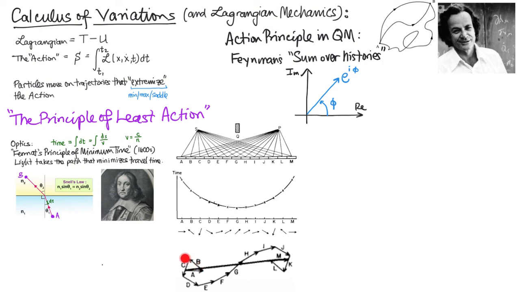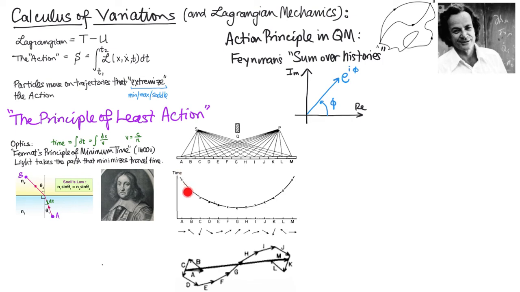So if we think about each of these arrows of the photon as the phase of the photon, the direction of the arrow is representing the phase angle of the photon, and the phase is wrapping at a very high rate, dependent on the frequency of that photon as it travels.